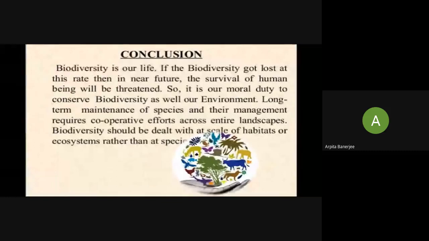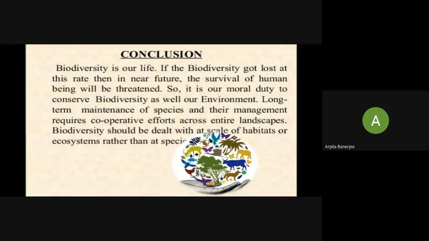So, what should we have learned from this topic? That we should be more conscious of our biodiversity besides our environment, because biodiversity is our life. If the biodiversity gets lost at this rate, the day is not so far that the total human being will be exhausted completely from the earth's surface.